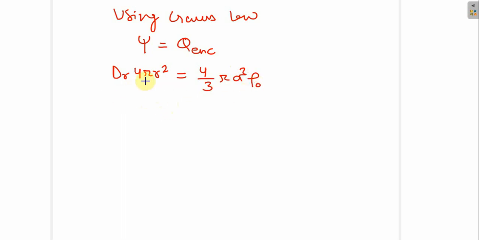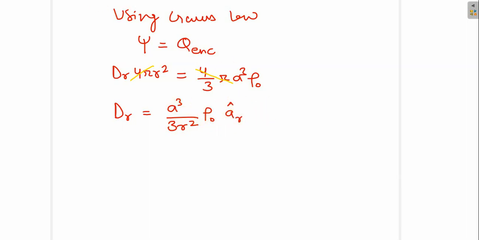Some terms will get cancelled, this 4 pi and this 4 pi. So what is Dr? Dr will be a cube upon 3 r square times rho 0, in the direction a r.